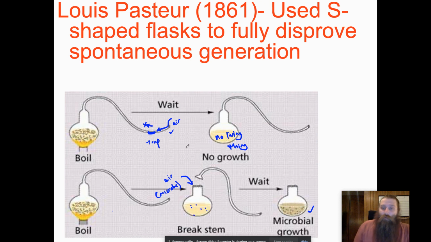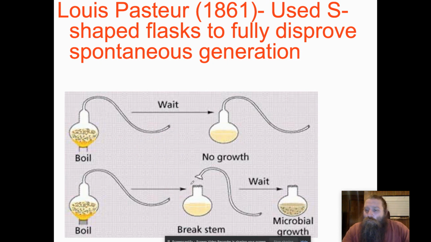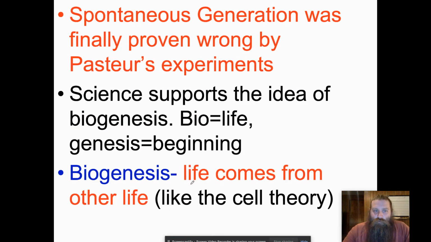The other interesting thing that he did was he did a check. He checked the trap, and sure enough, he found that there was growth in it. And that told him, hey, there's something in the air that's growing here. So that fully disproved spontaneous generation, all right?